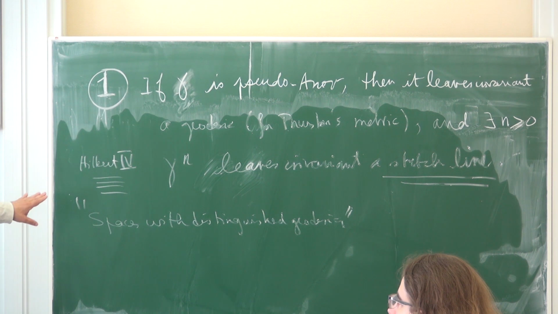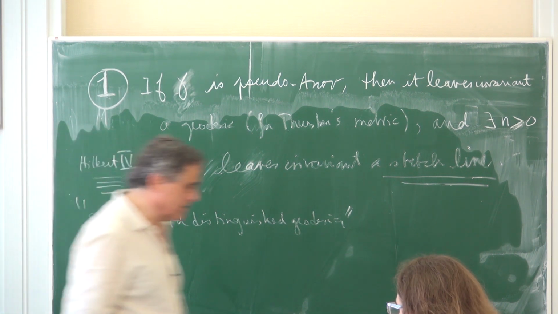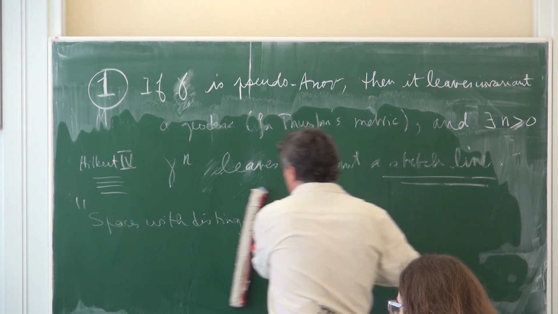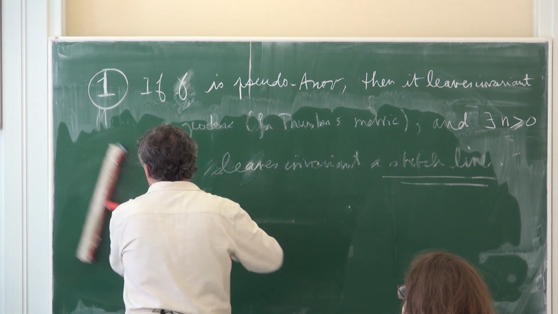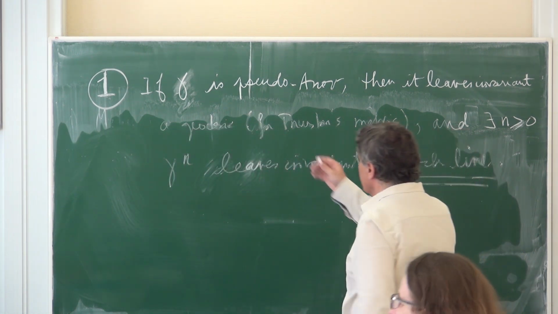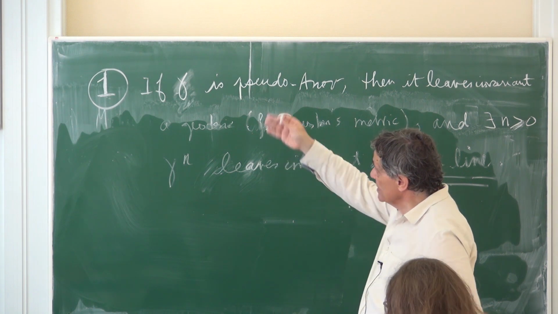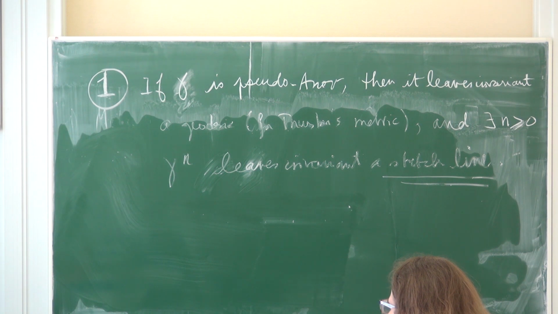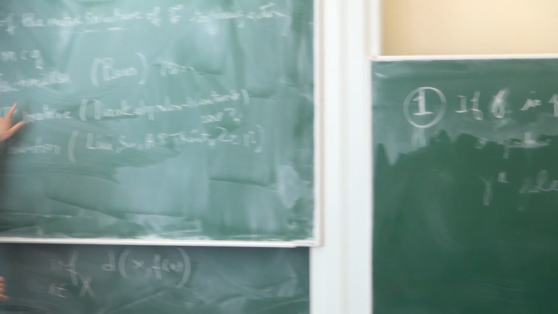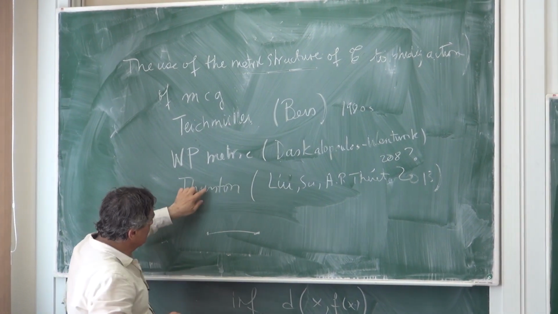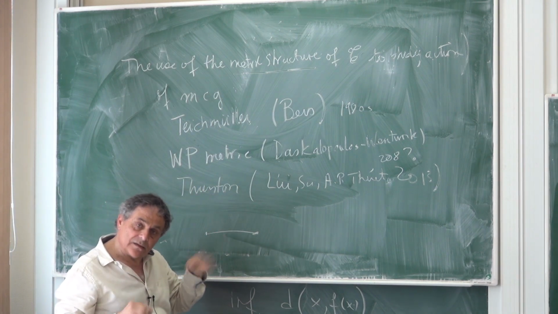So anyway, the thing I'm saying is that there is a notion of space with distinguished geodesics, and Teichmüller space equipped with the Thurston metric is such a space. This is different from the Teichmüller metric and different from the Weil-Petersson metric, because in these two metrics two points are joined by a unique geodesic, whereas in this space there are many.